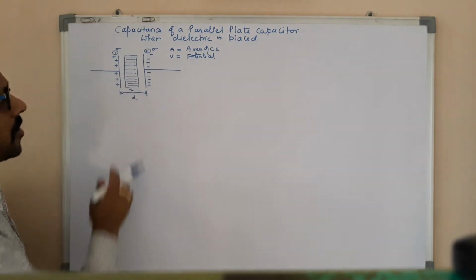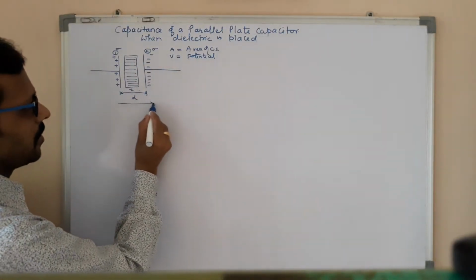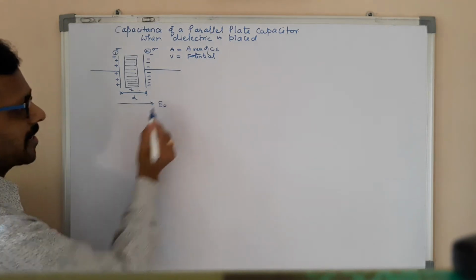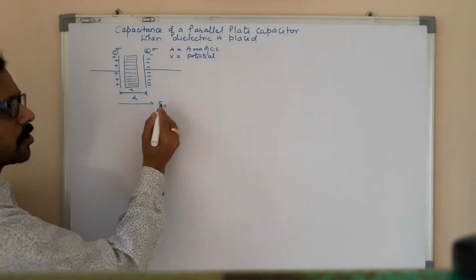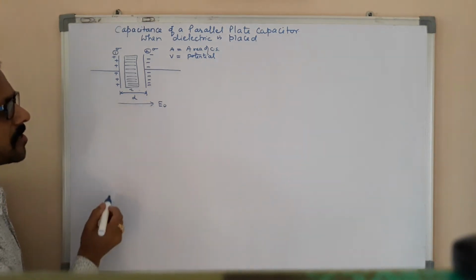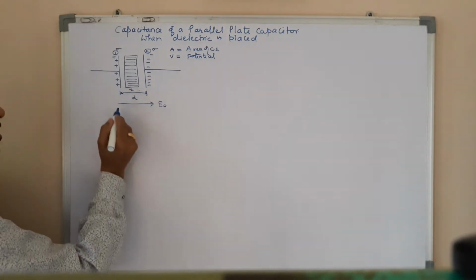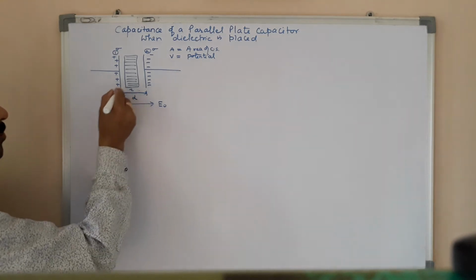If you go through here, due to the plates, the direction of the electric field when there is no dielectric is E naught. So E naught is the electric field when no dielectric is present. Now the gap between the plates and the dielectric causes an induction phenomenon.